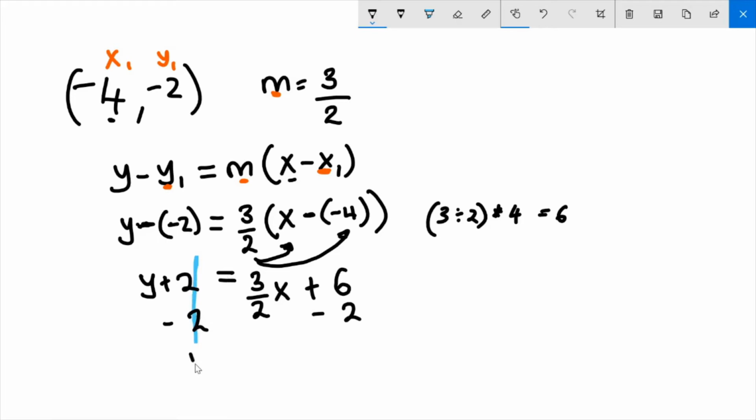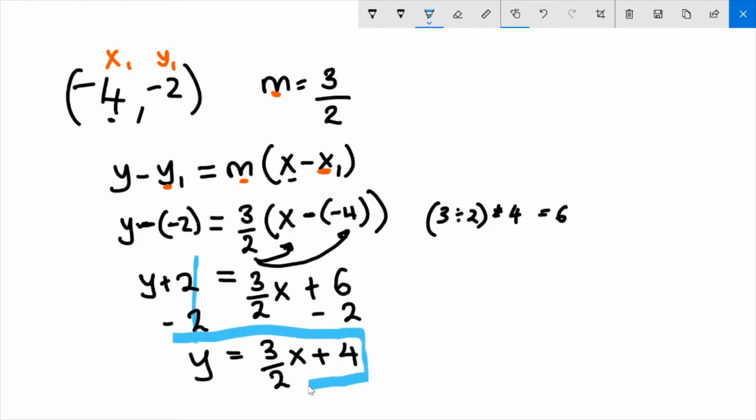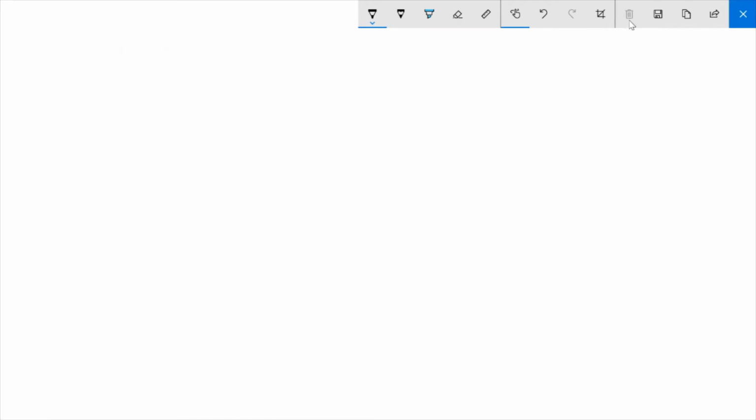On the left, I have y by itself, and on the right, I have 3 over 2 x plus 4. And that is the equation in the form of y equals mx plus c, sorry.